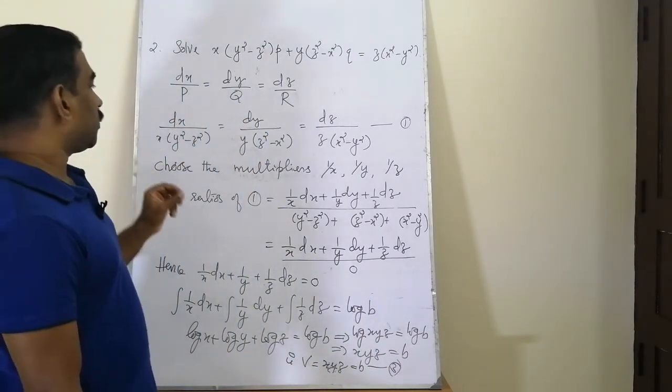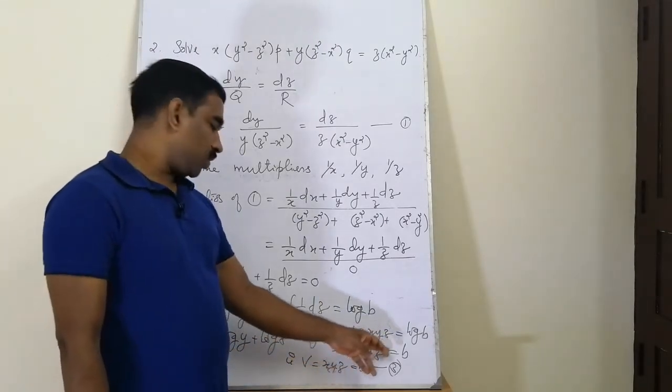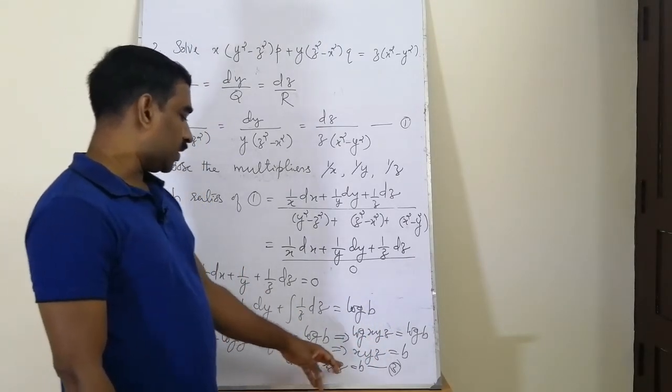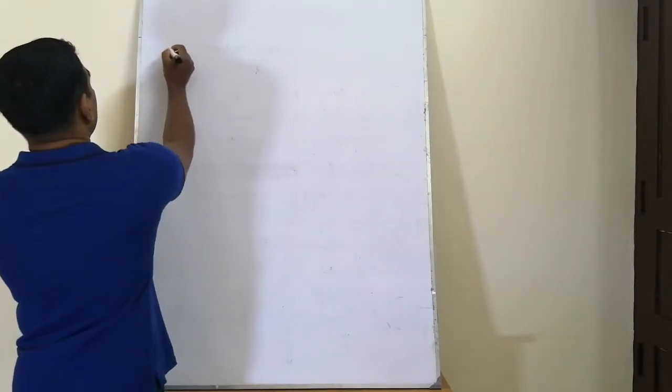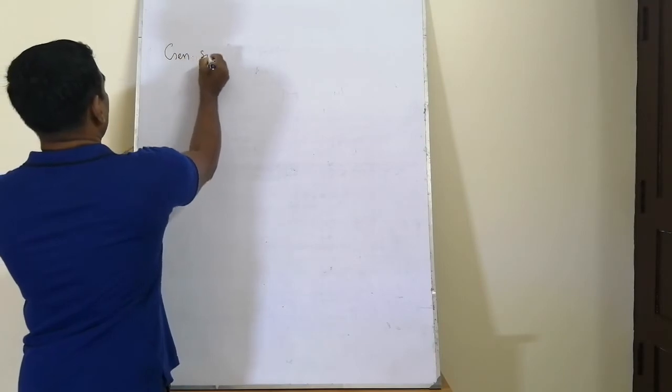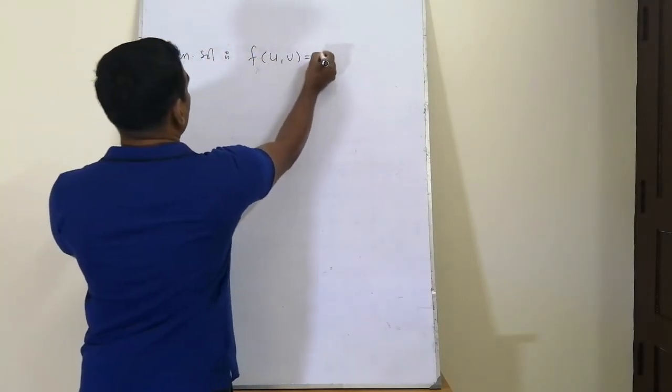So we have two sets of solution. First solution was x² + y² + z² is a constant, and another v = xyz is a constant. From equations 2 and 3, the general solution is an arbitrary function of u, v equal to 0.